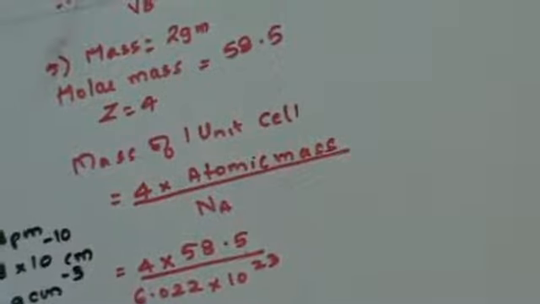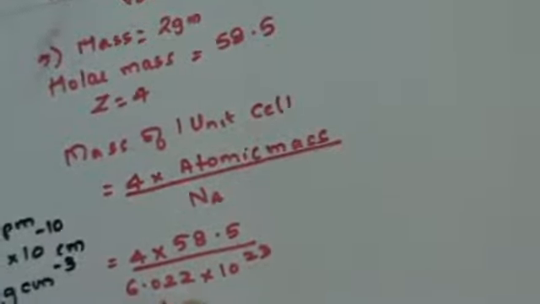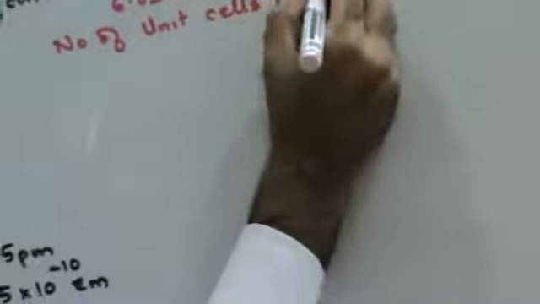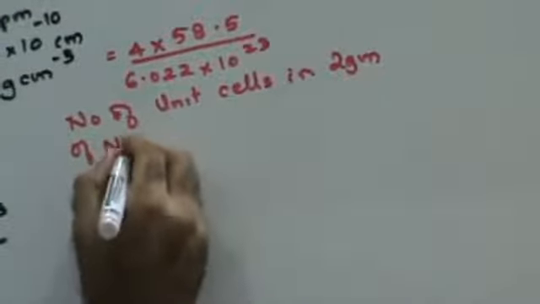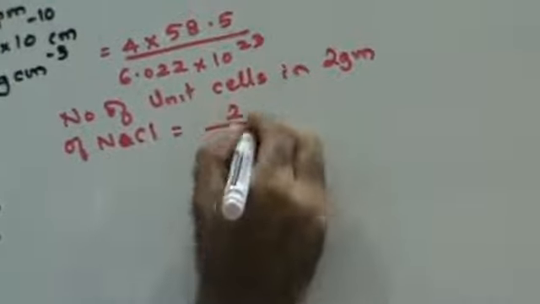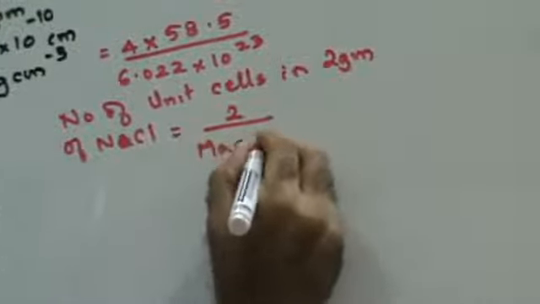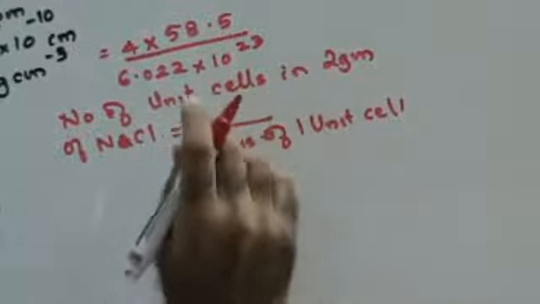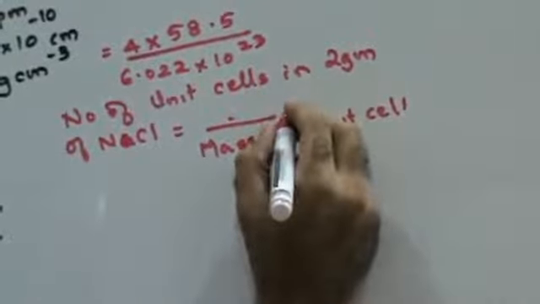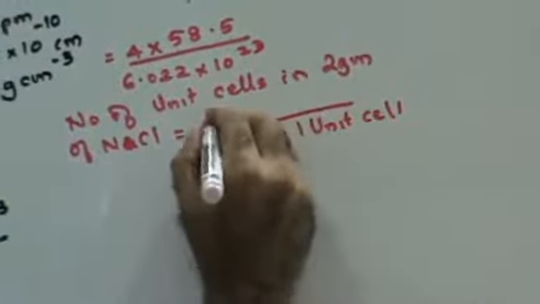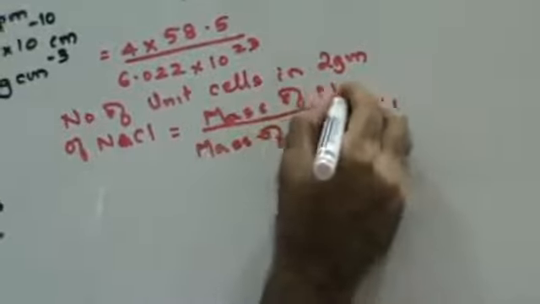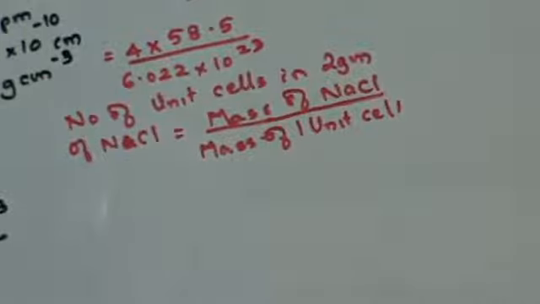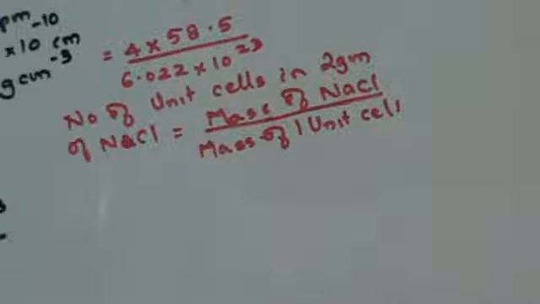So number of unit cells in 2 grams of NaCl will be nothing but 2 divided by mass of 1 unit cell. You found out the mass of 1 unit cell. Mass of NaCl is 2 grams. You should be able to divide and get the answer.